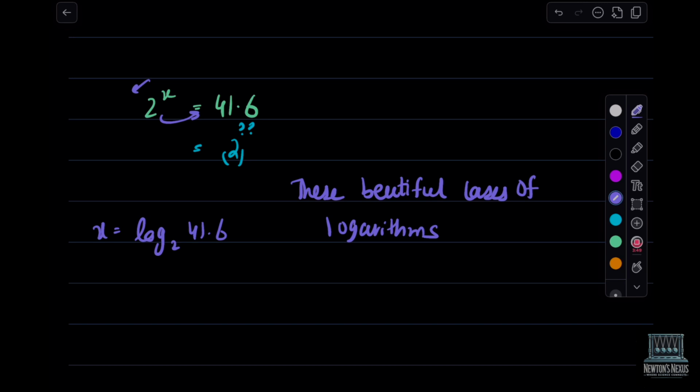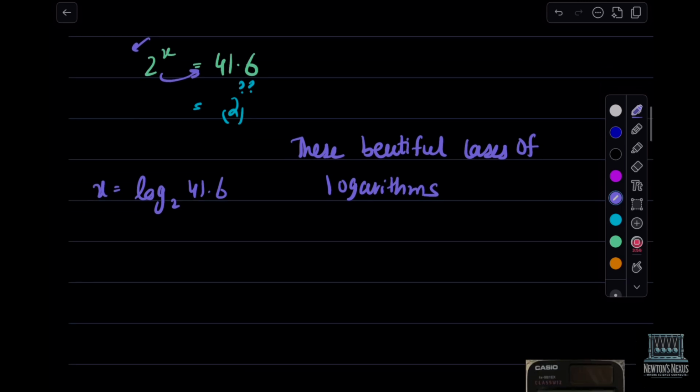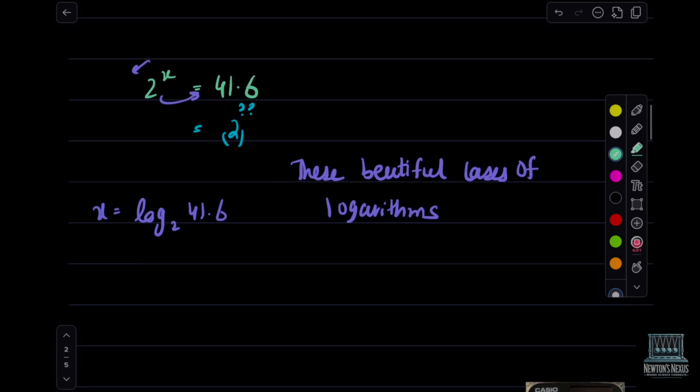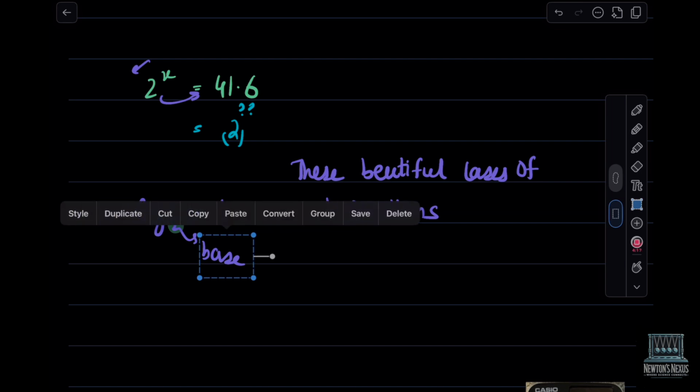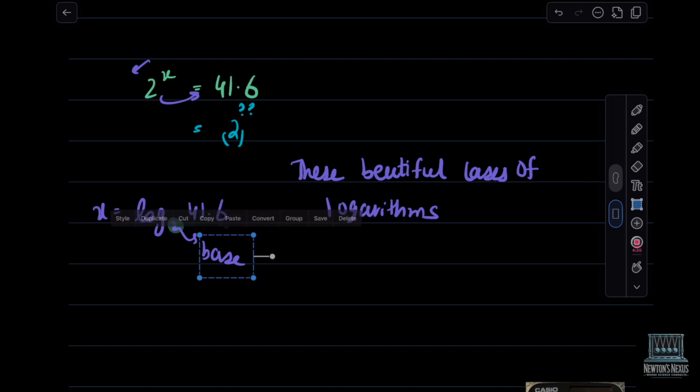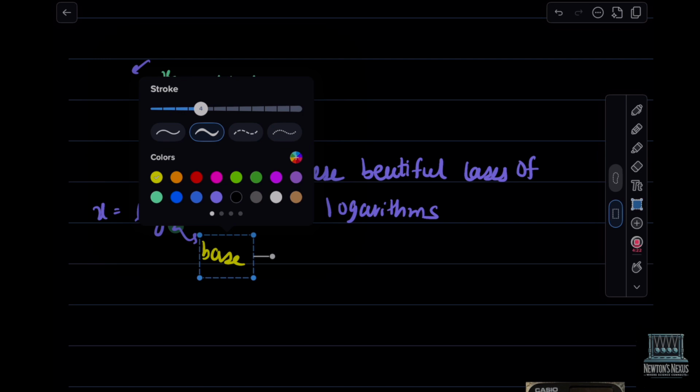I don't expect you to catch it in the first instant, so we'll break it down later. But the key thing is to understand what this statement refers to, or what it means. So here the 2 means the base. Let me use a different color, so that you don't get confused because of the color matching.